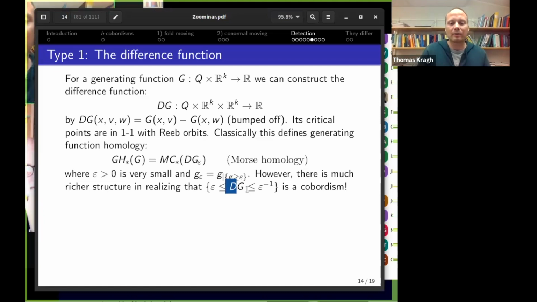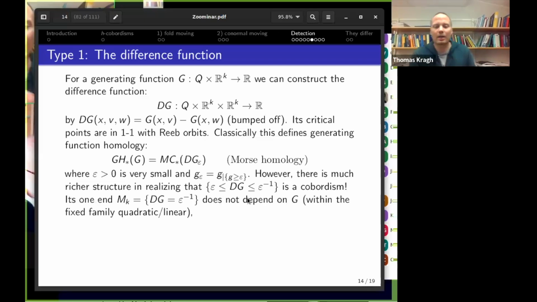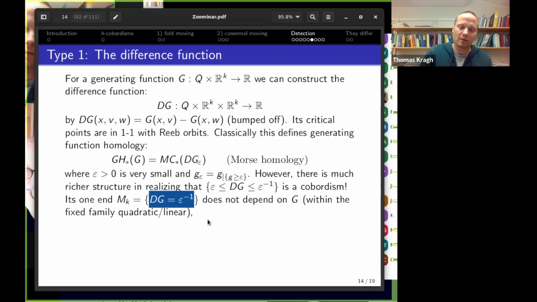In fact, it's already given as a function and not a cobordism. I should also say this M_K, for epsilon very large, the level set for very large numbers, doesn't actually depend on the generating function. Within the fixed family, if you have a fixed quadratic form at infinity, then it's fixed at infinity, hence this M_K is fixed. But it does depend on K, and I'll get back to that.